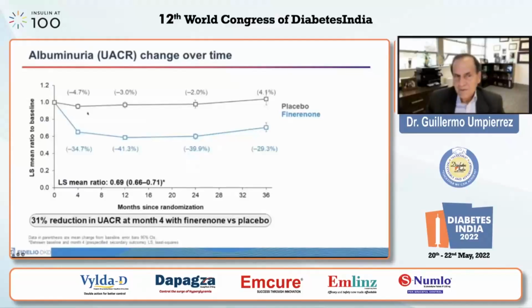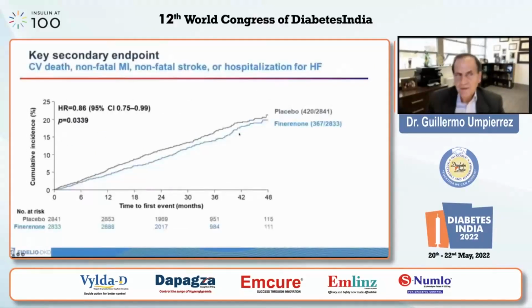Here you have albuminuria, with a significant reduction in albuminuria. These are patients with diabetes and kidney disease. Now we're doing studies on non-diabetic patients with kidney disease to see if we can reproduce this data. You have a 31% reduction of urinary albumin creatinine ratio after 4 months that is sustained after 3 years of the study period.